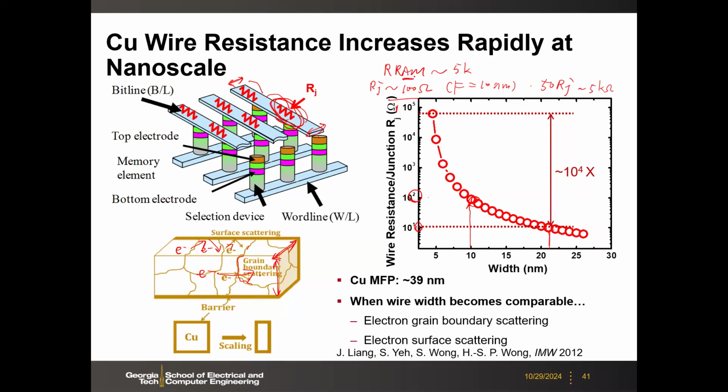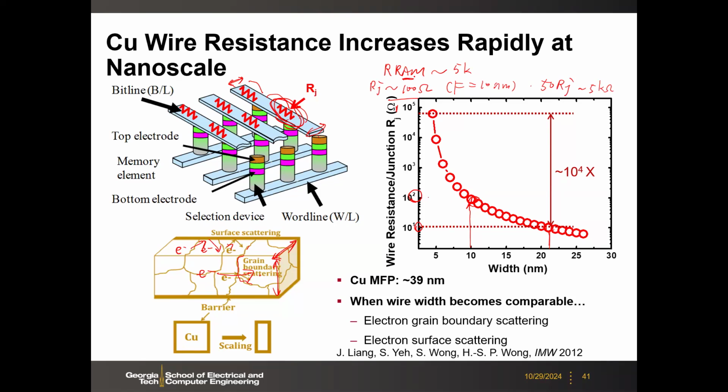That means if R1 needs 2 volts to write, you have to provide 4 volts, because half of the voltage will drop on the resistance here.